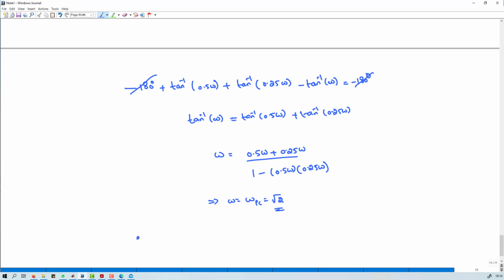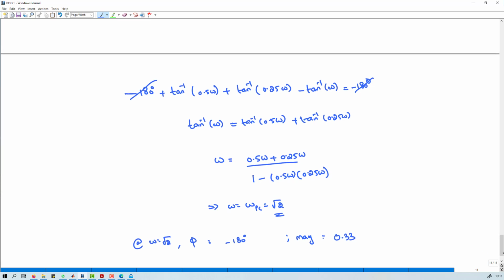By substituting the root 2 value again, one can easily obtain how much phase there is and what its magnitude is. So the phase is minus 180 and the magnitude is 0.33. How do I get the magnitude 0.33?